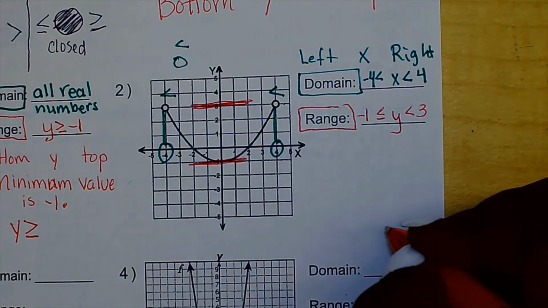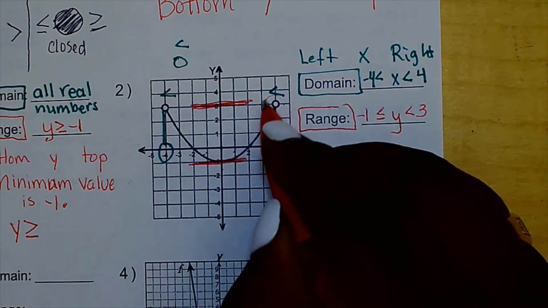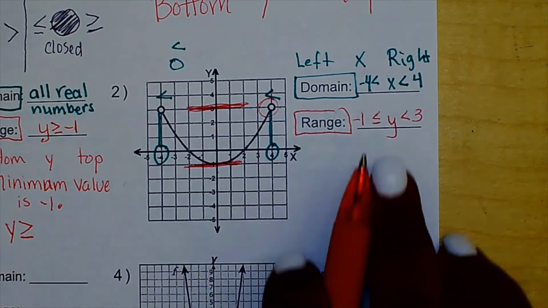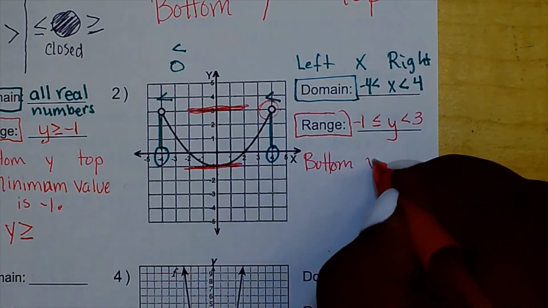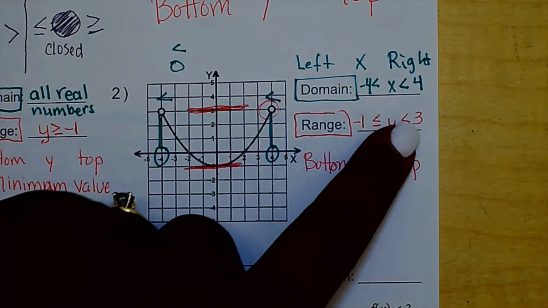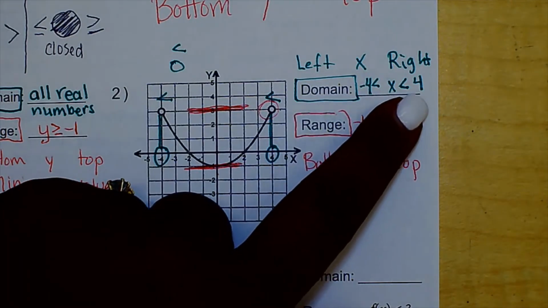All right. So this is considered closed. This is considered open because of that. So that's why we have this sign. And that's from bottom to top. Okay. That's our bottom value. That's our top value. That's our left point. That's our right point.